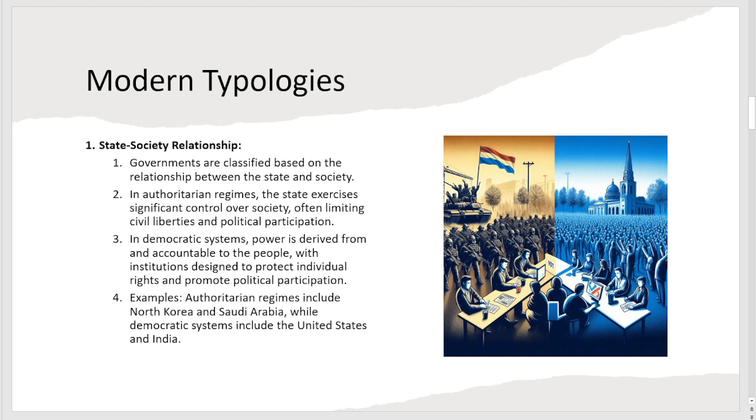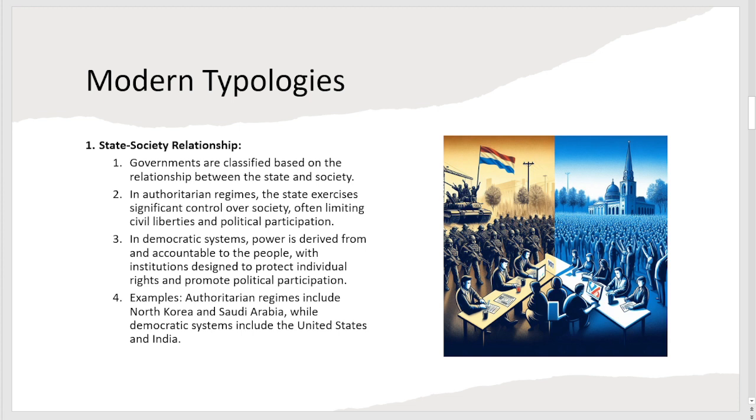Now, examples of authoritarian regimes include North Korea and Saudi Arabia, where the relationship tends to be perverted. Those in power or authority tend to have their way in the society. They are more commanding over the society.